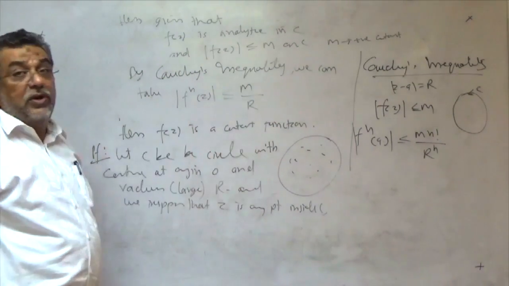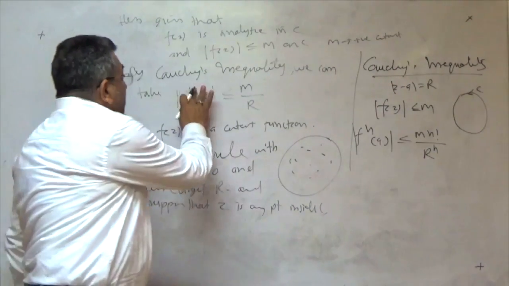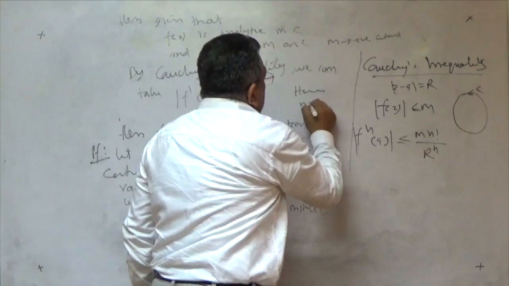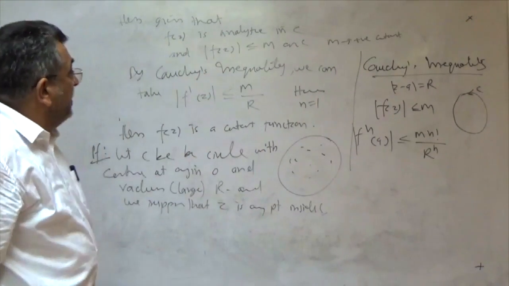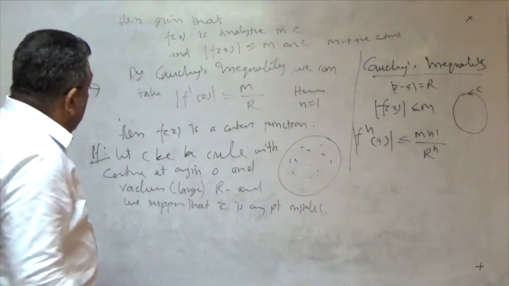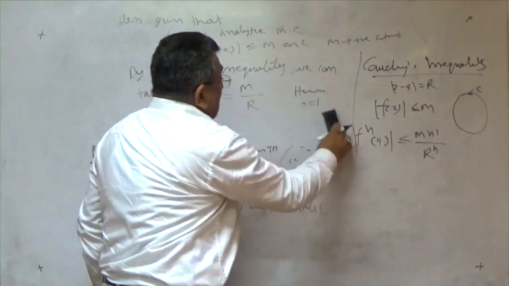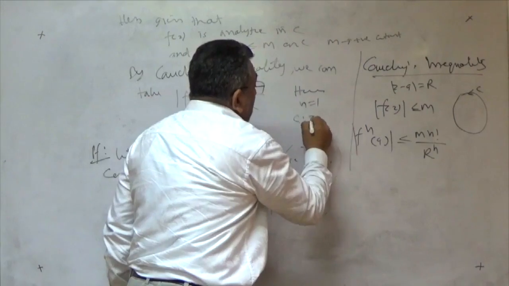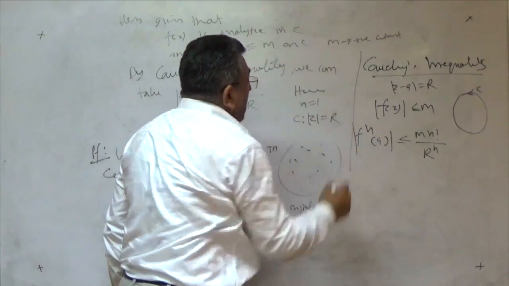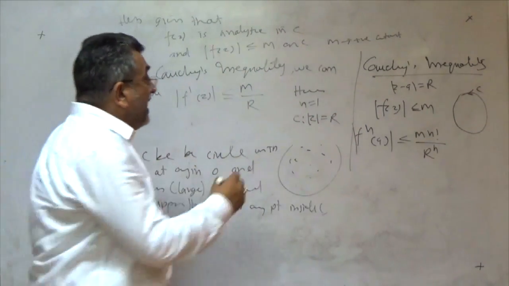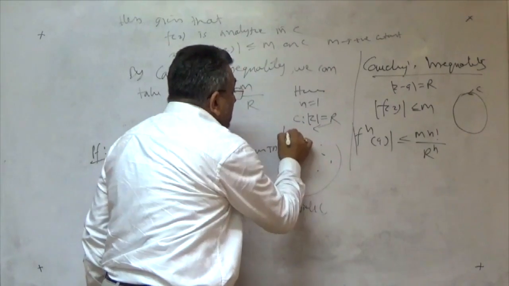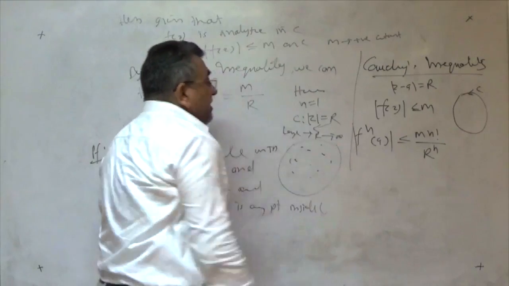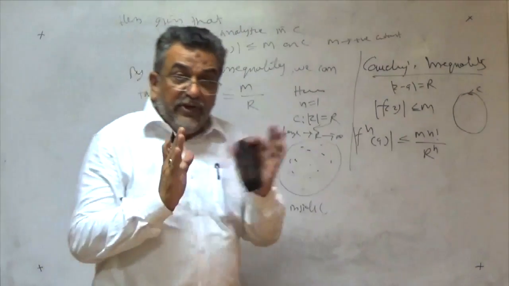By Cauchy's inequality, we can take this. This is for the first derivative. Here n is 1, right? And here we are assuming that the circle C is modulus z equal to R, and R is large. R is large means R tending to infinity, number one.